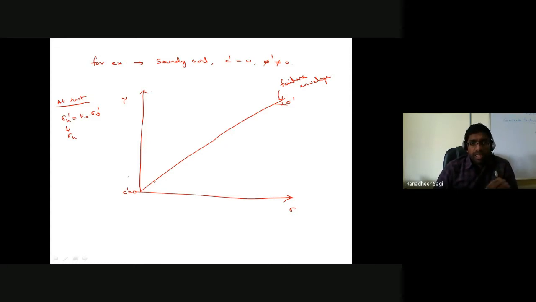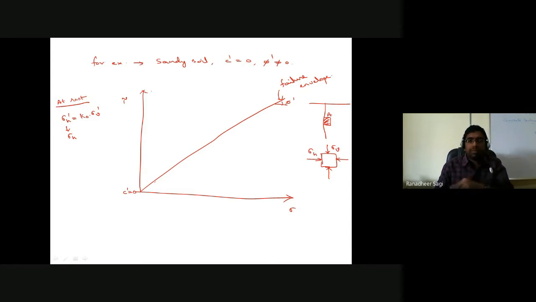And once I know the state of stress acting on that particular soil element, this is my ground, this is the retaining wall, and this is the soil element I am looking at, which is at rest. I am looking at the state of stress acting on the soil element in both the vertical and horizontal directions, sigma H and sigma V, and that is what I am trying to represent here.